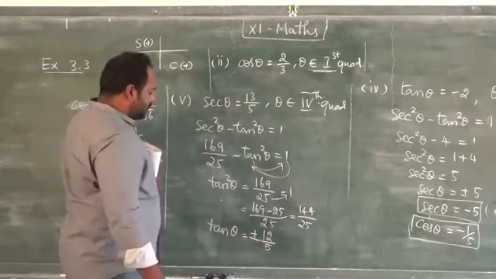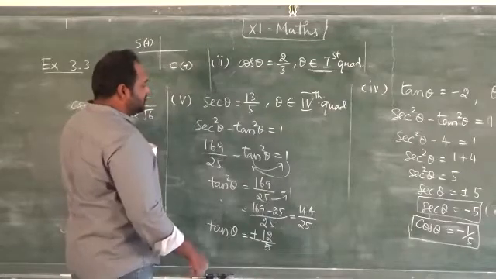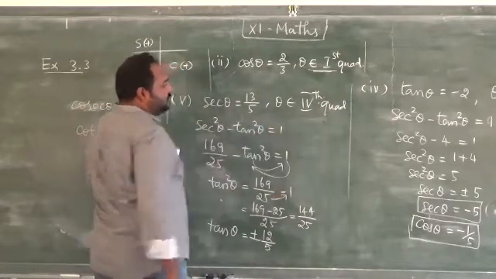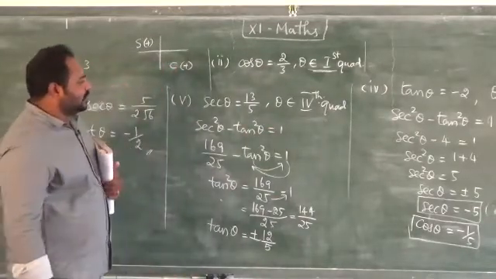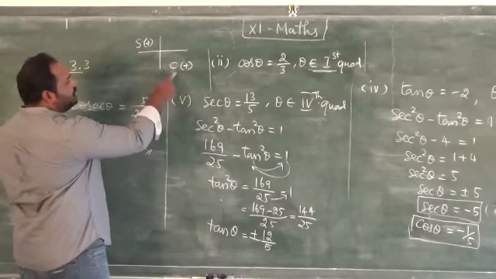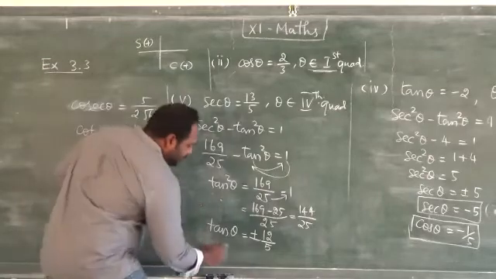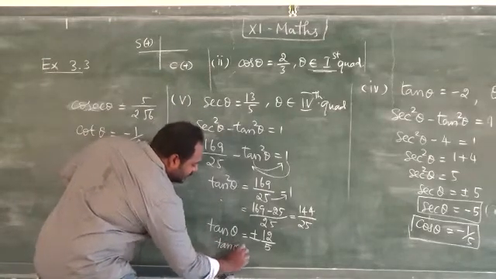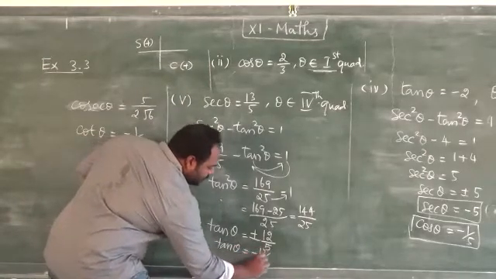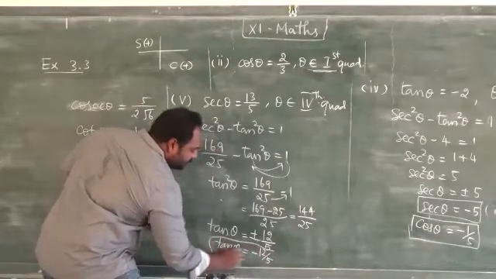So here there is a plus or minus value, but we have to check the correct sign in the fourth quadrant. Theta is in the fourth quadrant. In the fourth quadrant, only cos and its reciprocal are positive, tan is negative, so tan theta equal to minus 12 by 5.